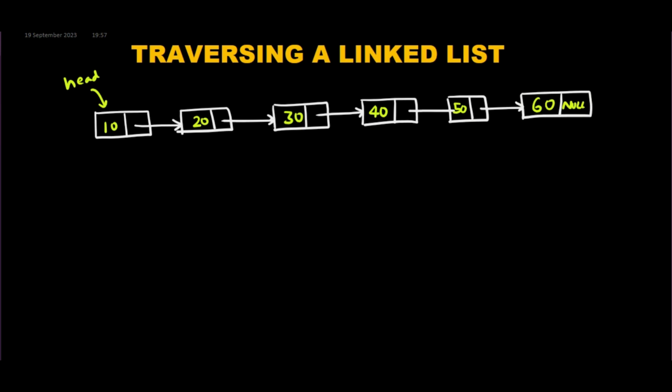So what we'll do is we will make a pointer and name it current. We'll make current equals head. Then we will move this current.